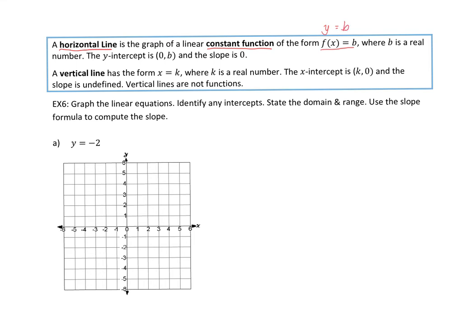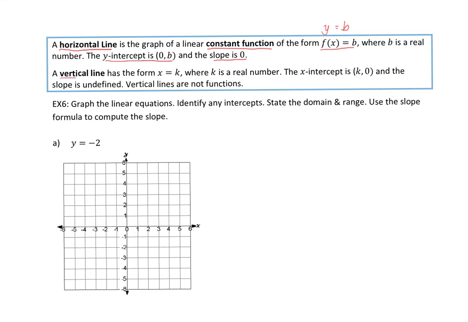B is just a real number, and we're going to have a y-intercept of (0, b). The slope of a constant function is 0 because it doesn't change. So the slope remains stable or constant.